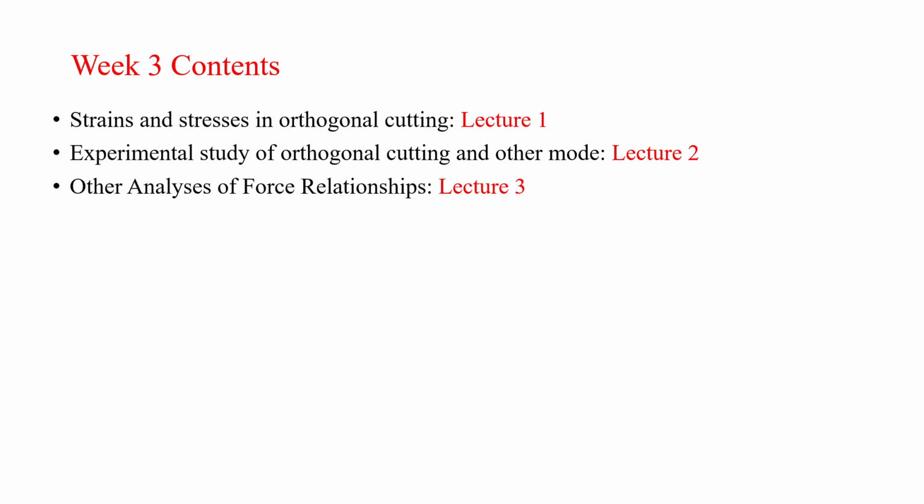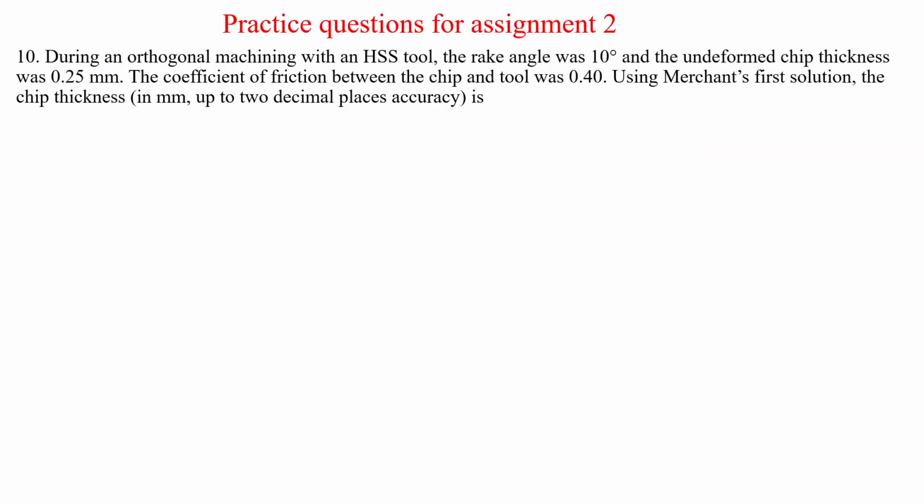If we put in the formula, mu is equal to F by N, and F is Fc sin alpha plus Ft cos alpha, divided by Fc cos alpha minus Ft sin alpha. Wait, we'll do it. What was the cutting force? Cutting force is 300 Newton.